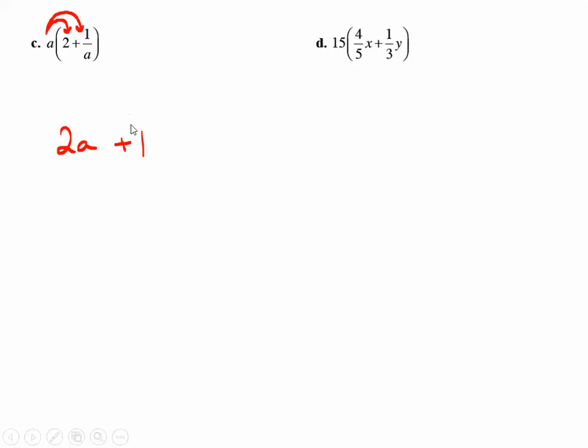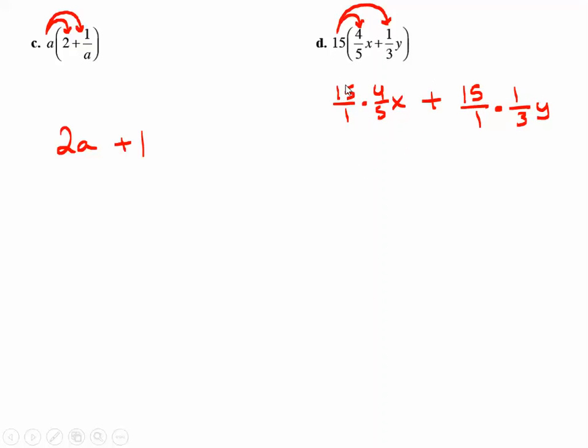Okay, but sometimes it's not the same number. Sometimes it's a multiple of the number. So again, the easy way, if you can do it, I'm going to do it step by step here as the book does it. So 15 becomes 15 over 1. So 15 over 1 is multiplying 4/5 x, plus 15 over 1 is multiplying the 1/3 y over here.